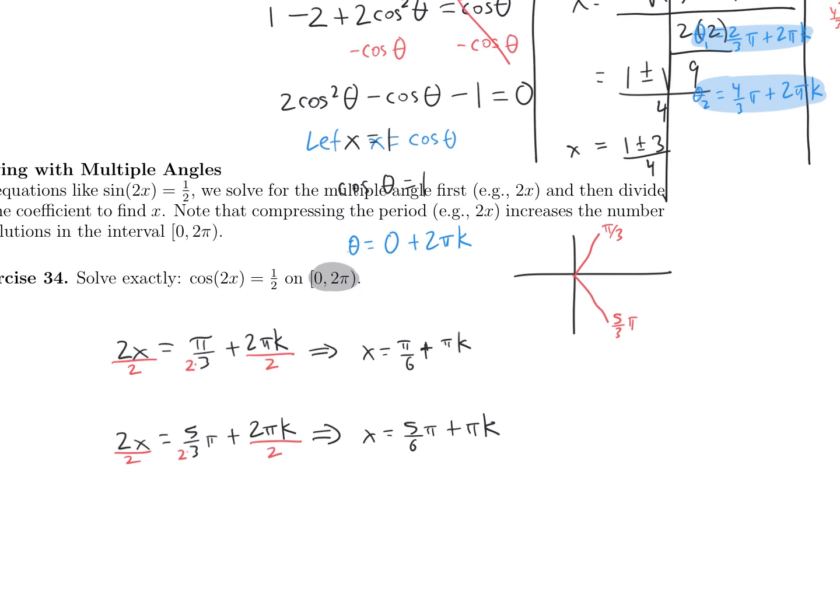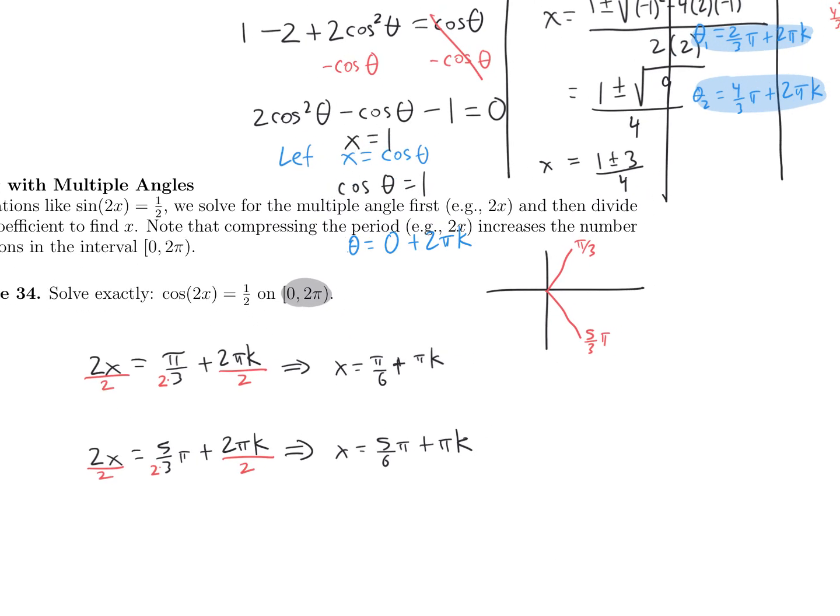Okay, now we must choose values for k to see which angles are going to fall in this interval. So you always start with k equals 0, and then you do k equals 1, and then k equals 2, etc., until you exceed this interval 0 to 2 pi. So let's start with k equals 0.